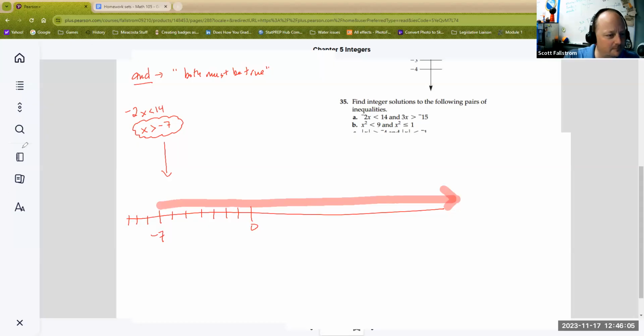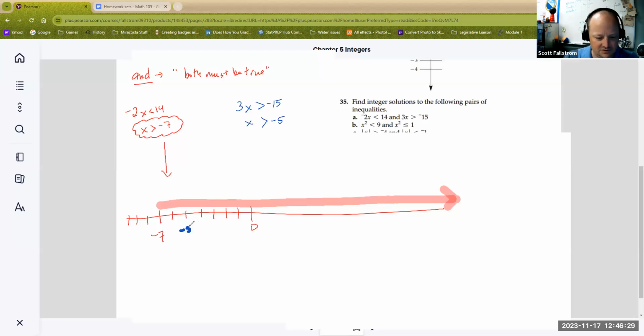Well, let's come back up here. Let's do the next component, and I'll choose a different color so that we can kind of match them up. This one says 3x is greater than negative 15, which means x has to be greater than negative 5. So I'm going to color that one in on the number line too. Let me first put negative 5.